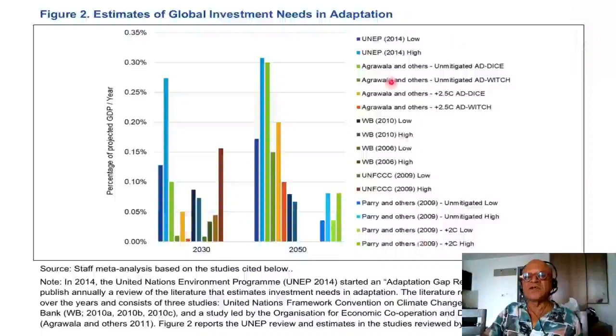So these are very different applications with different IAMs, or integrated assessment models. UNEP offered two estimates, low and high. There are several authors which produced different model estimates from DICE, which is the Bill Nordhaus model, which is another integrated assessment model. The World Bank has its own estimates over time, but you can see the years are more than a decade old as I'm recording this in 2023, so I have to be very careful.